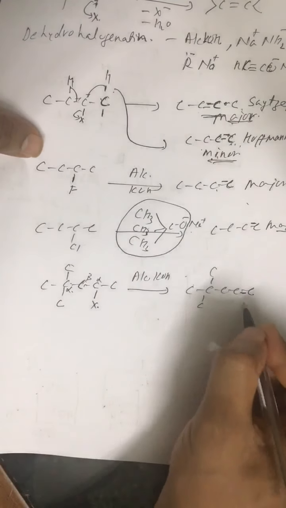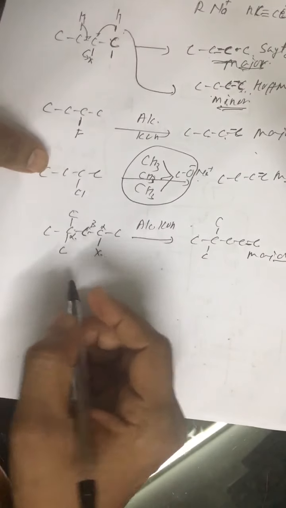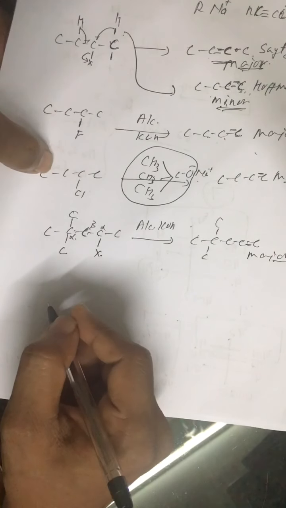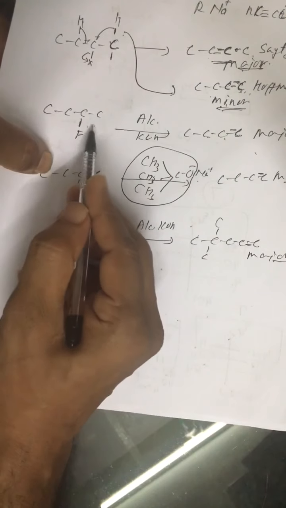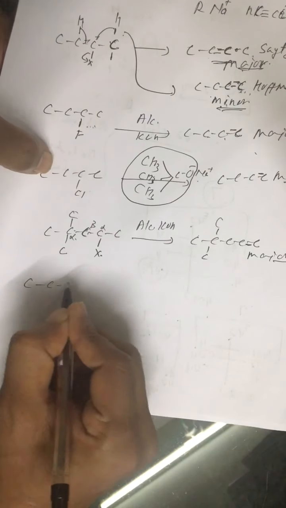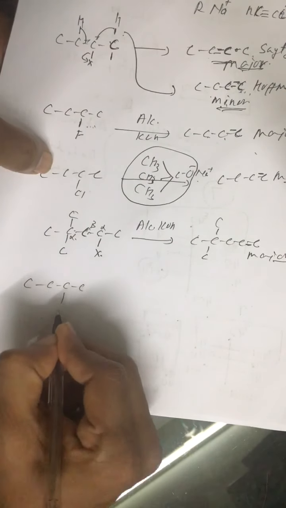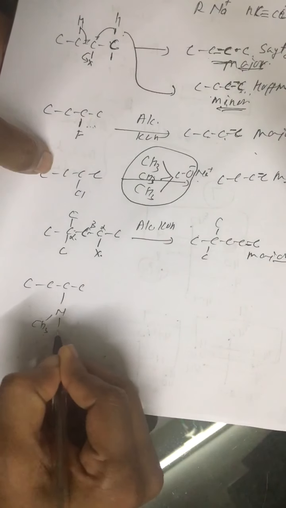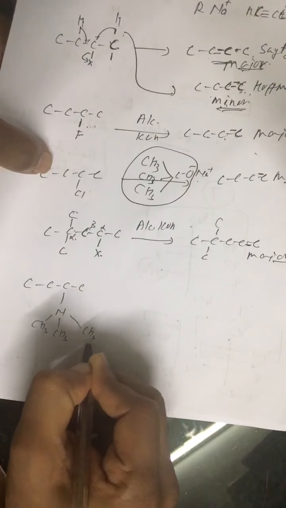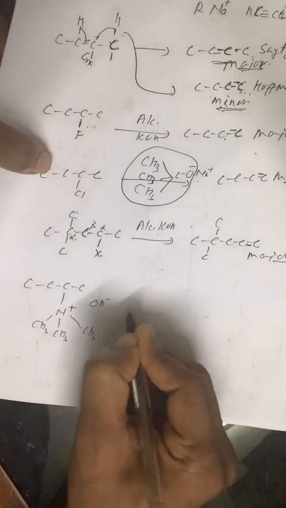And the fourth one, that is very important, if the leaving group is very poor. That also includes this, and one major example is this one, N(CH3)3 positive and OH negative.